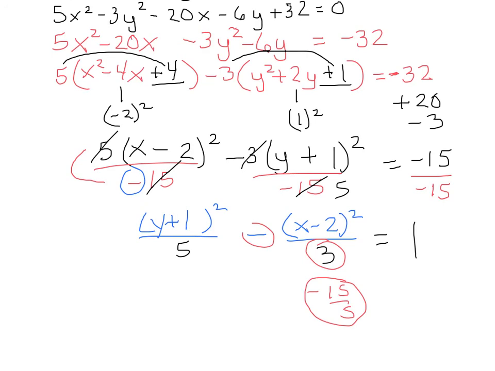So multiplying is the same thing as dividing by the reciprocal. Same idea as we've done before. So there's my form. It's kind of interesting, but you're going to find that you're going to be repeating this process on different kinds of problems, but the same basic process for each one.